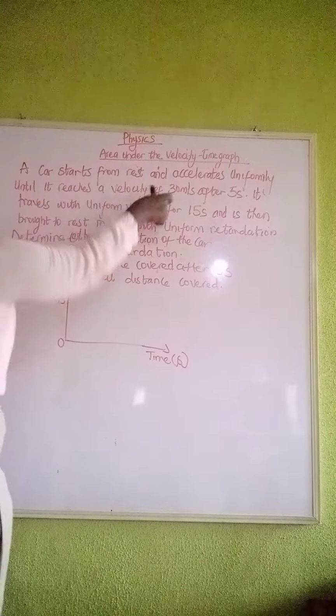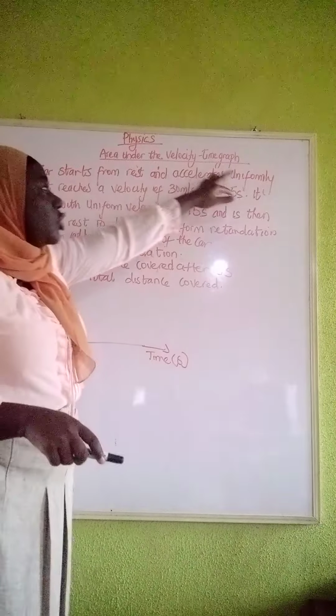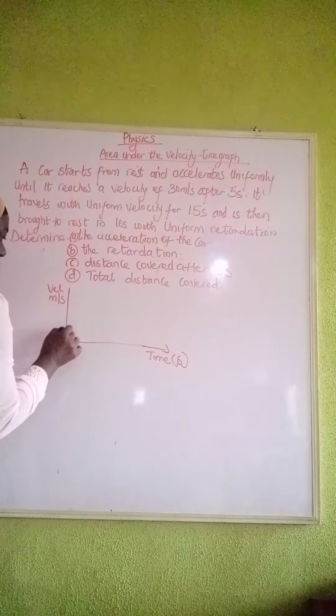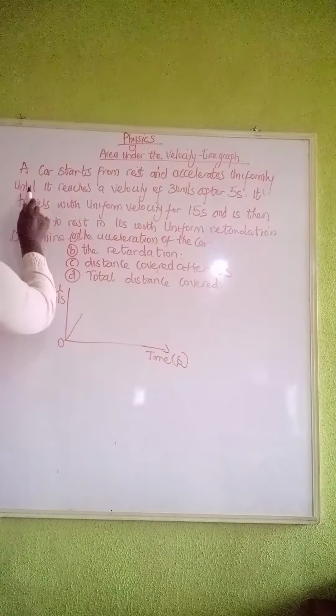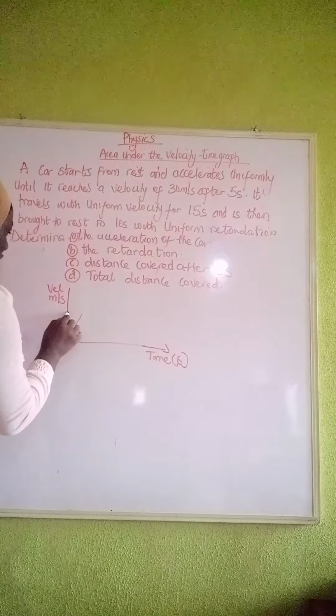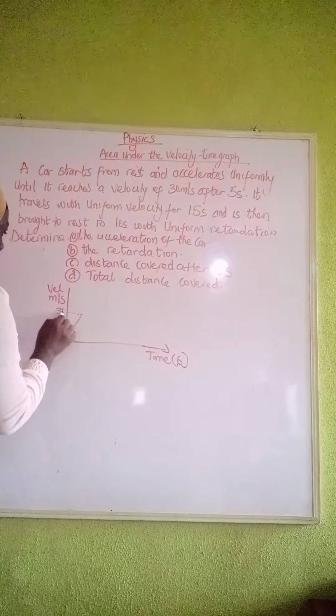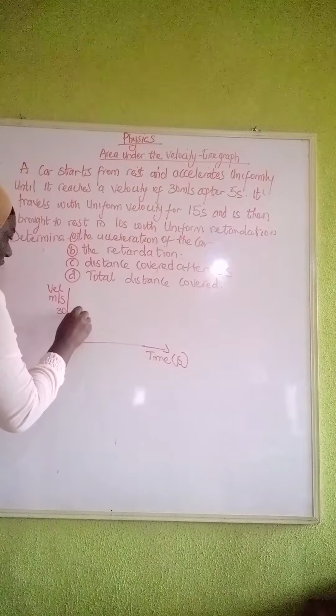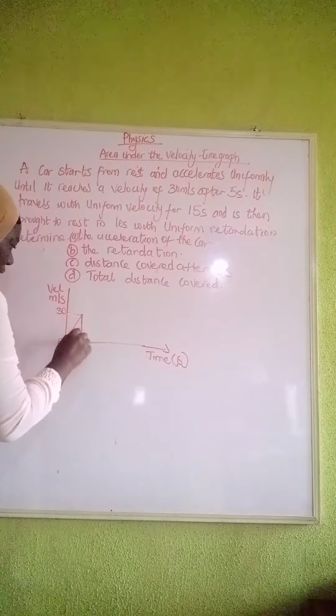A car starts from rest and accelerates uniformly, until it reaches a velocity of 30 meters per second. Let's assume this place is 30 meters per second, after 5 seconds.